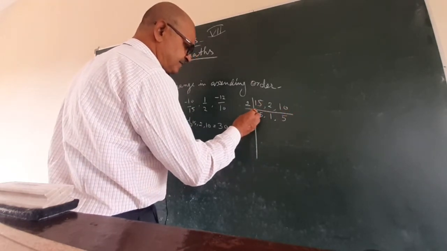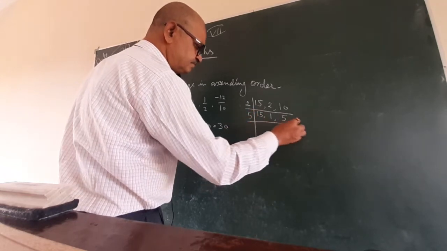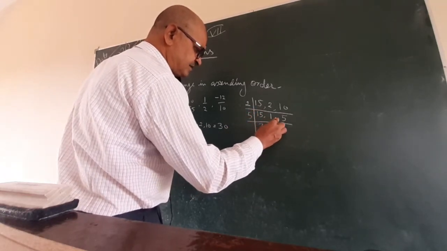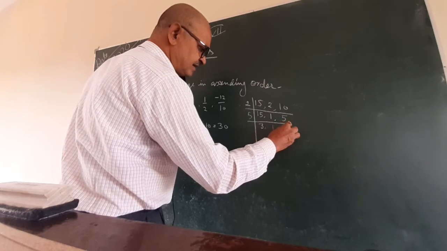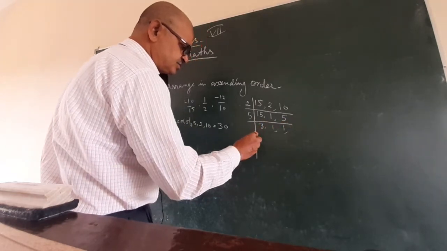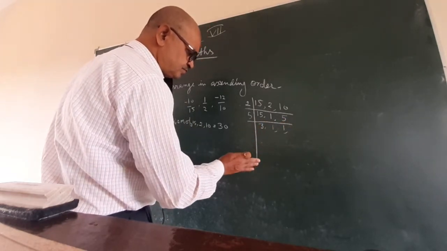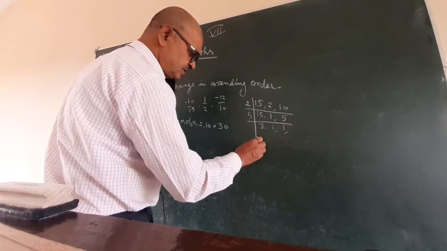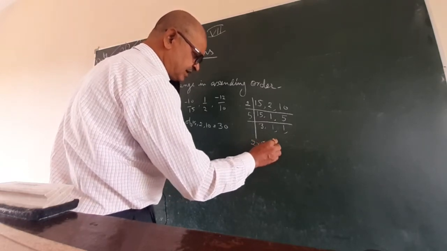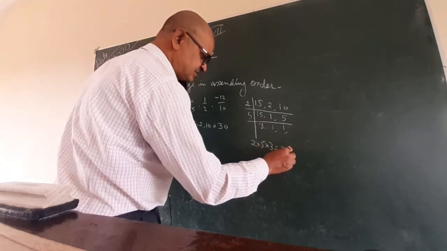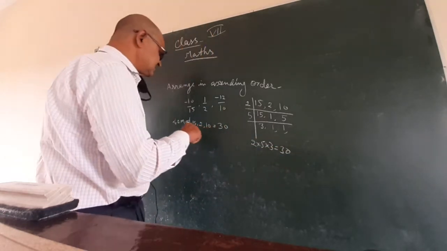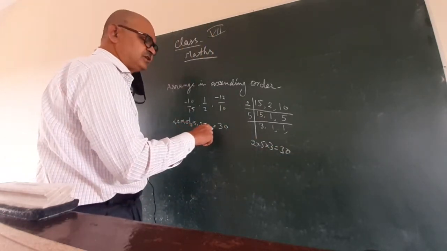We take 5, 5 threes are 15, 5 ones are 5. So 2 into 5 into 3, the LCM is also 30.